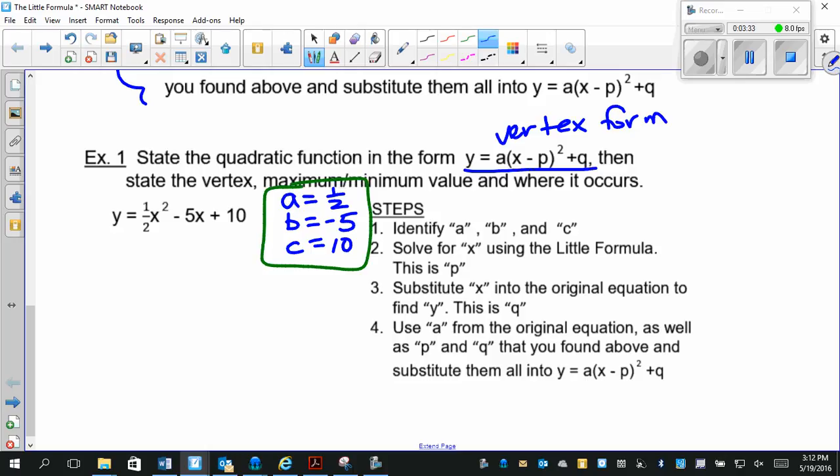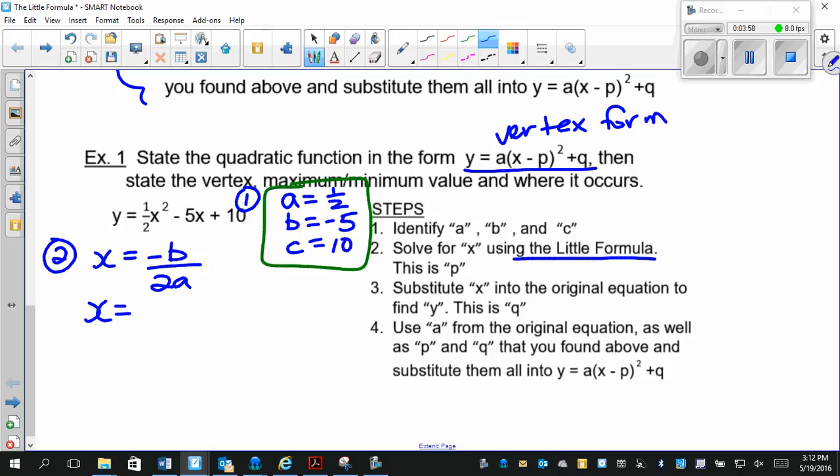Now we're going to solve for x using the Little formula. I'll write down my Little formula. So that's step 1 there. This is step 2. So my Little formula is pretty little, so you should be able to remember it. So minus b over 2a. So my b is -5. So if it's minus b, it's minus -5.